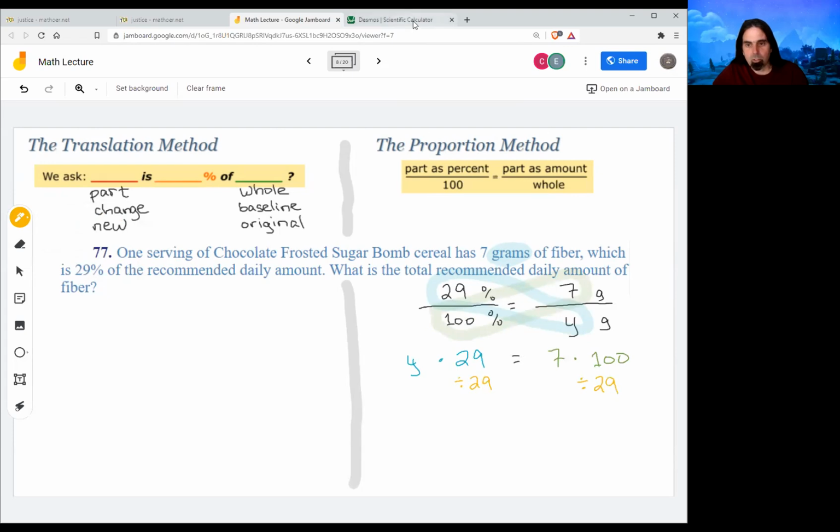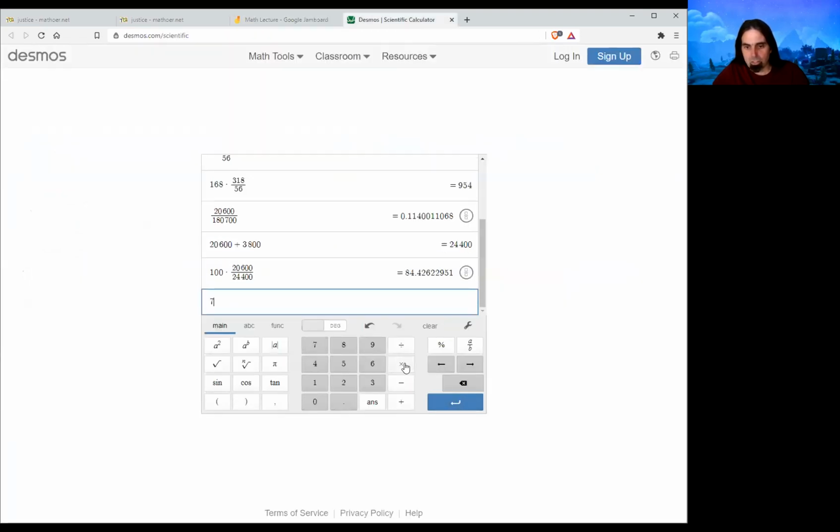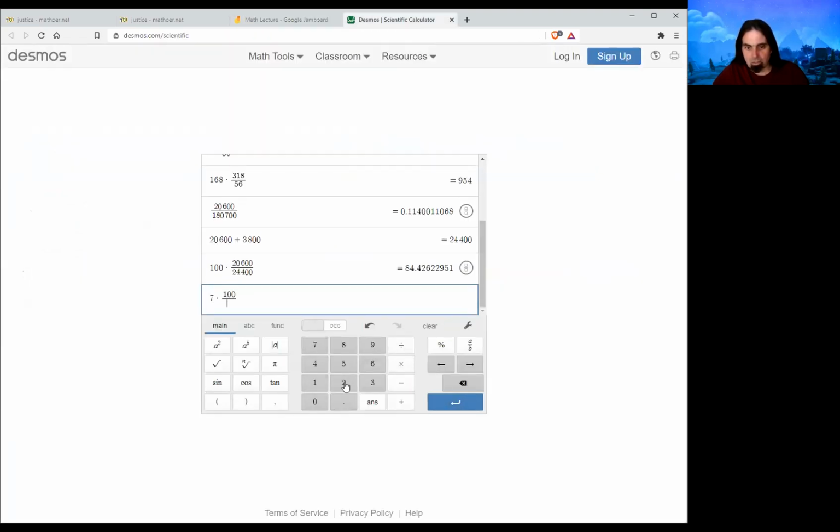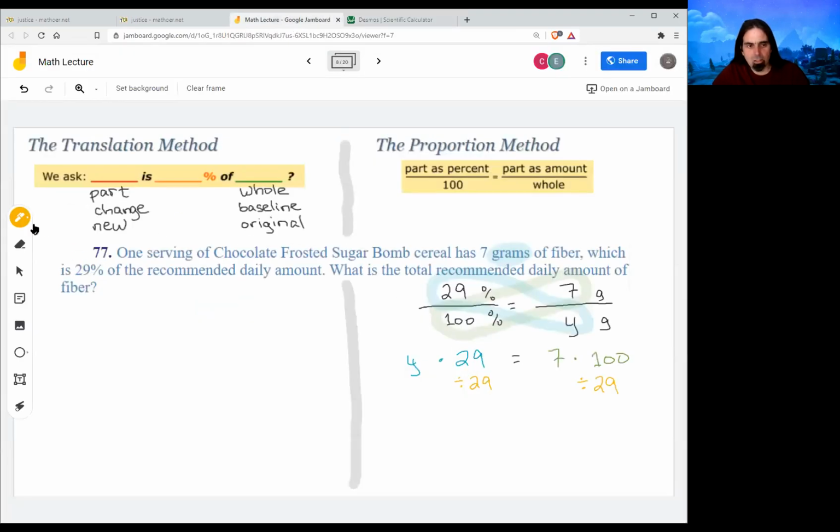So 7 times 100 divided by 29. I get about 24. Whoops, not 24%. I'm forgetting my own advice. It's 24 grams.